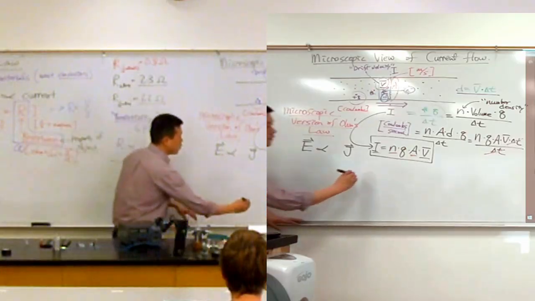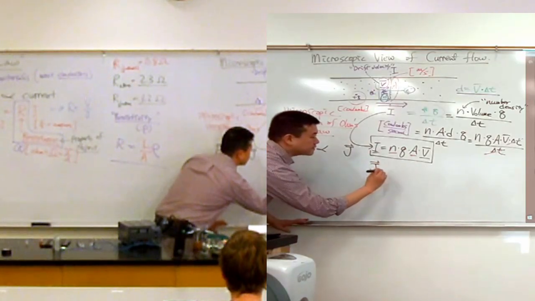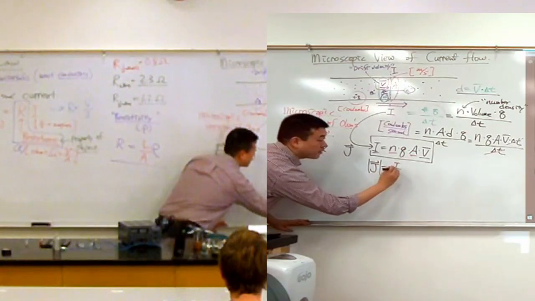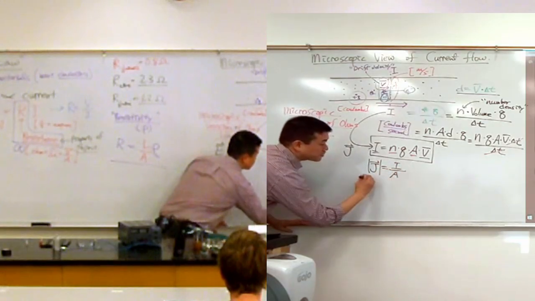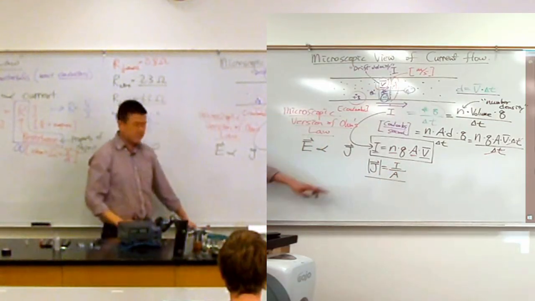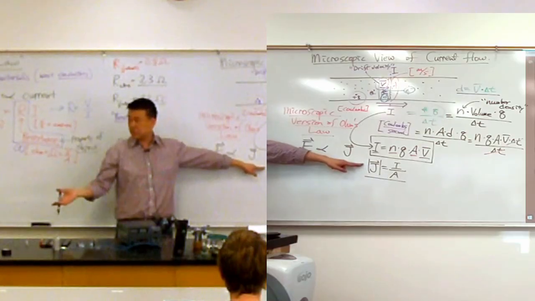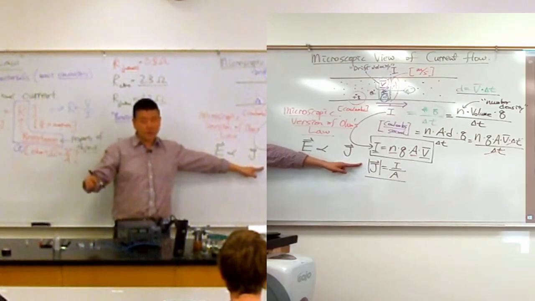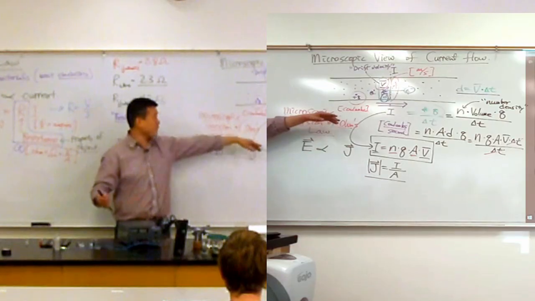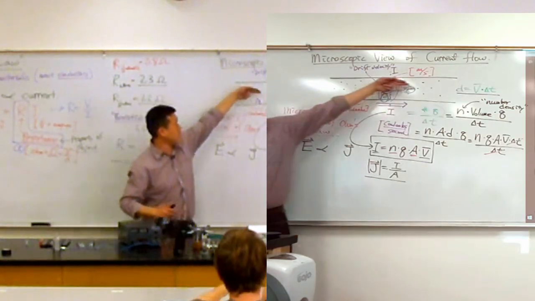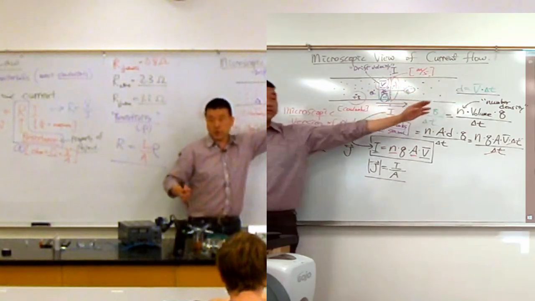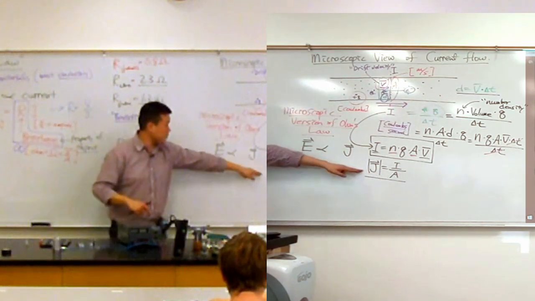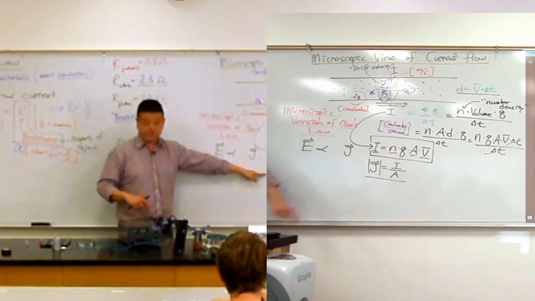Let me define current density here. Current density, or the magnitude of it anyway, is the amount of current divided by cross-sectional area. This makes intuitive sense as the density of current, right? You divide by area, not the volume, because you don't care about the volume along this dimension. So that's why you divide by area. This is the quantity we call current density.